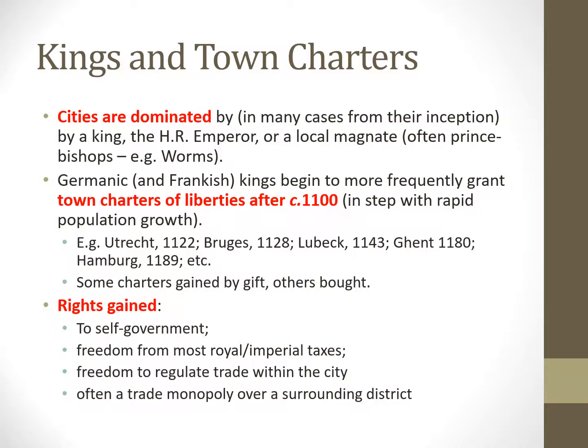And I'll just give you a little bit of an aside here about population growth. Something rather remarkable happens across Europe in the course of the 12th and 13th centuries. It's thought that typically population increased by at least as much as 100%, and in some parts of Europe as much as 200% between the years roughly 1100 and 1300.